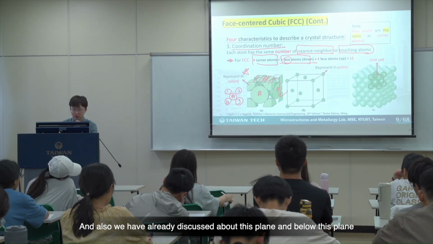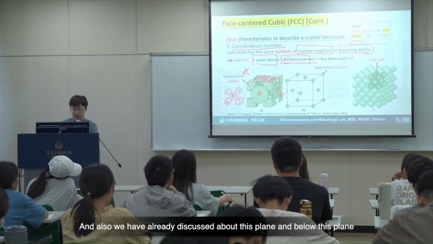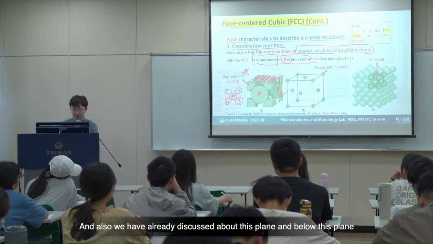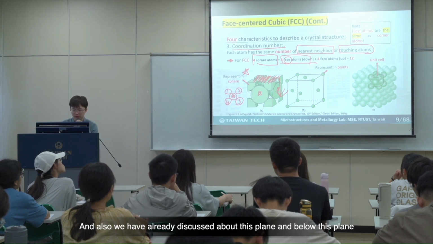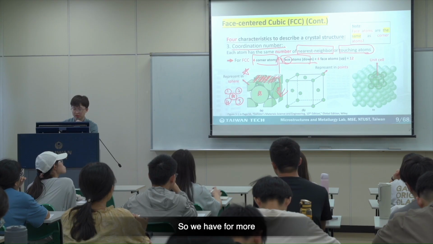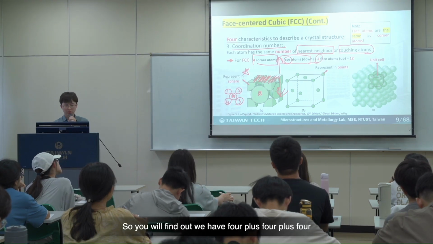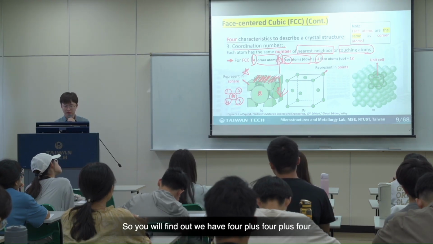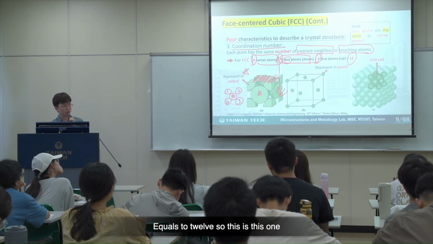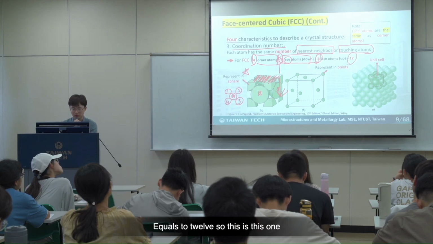And also, we have already discussed this plane and below this plane. How about above this plane? So we have 4 more. So you will find out we have 4 plus 4 plus 4 equals 12. So this is this one.